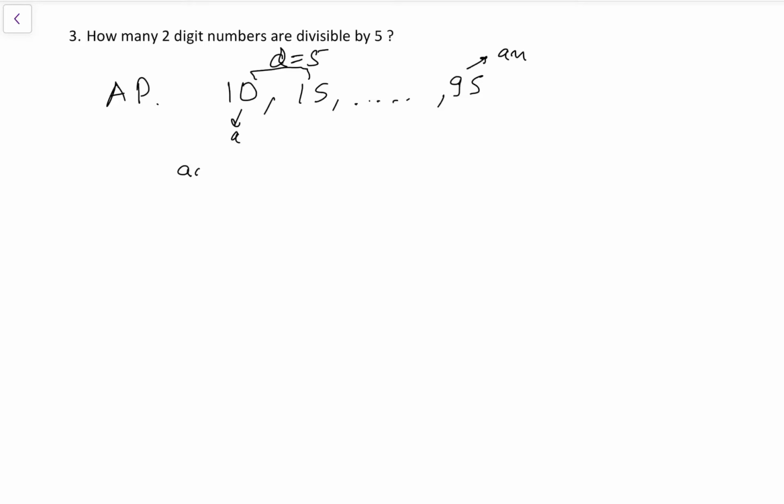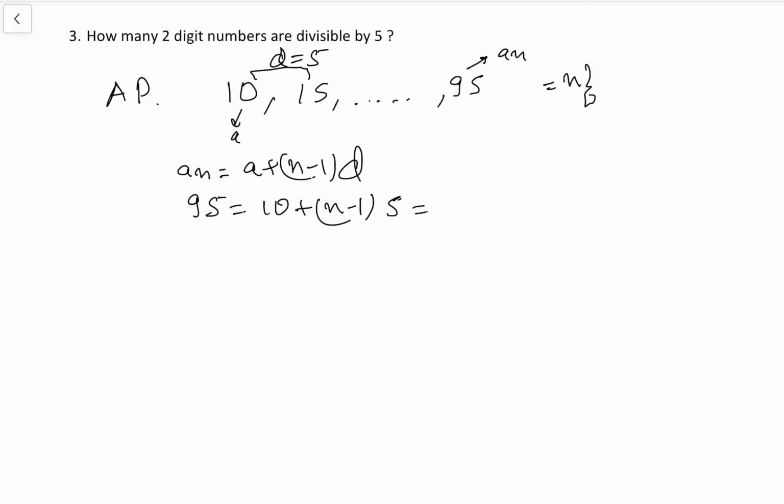So let's put in the formula. An is equal to A plus n minus 1 D. So an is 95, A is equal to 10 plus, n we need to find, n minus 1, D is equal to 5. So we can write 10 plus 5n minus 5, which is nothing but 5n plus 5. Right?